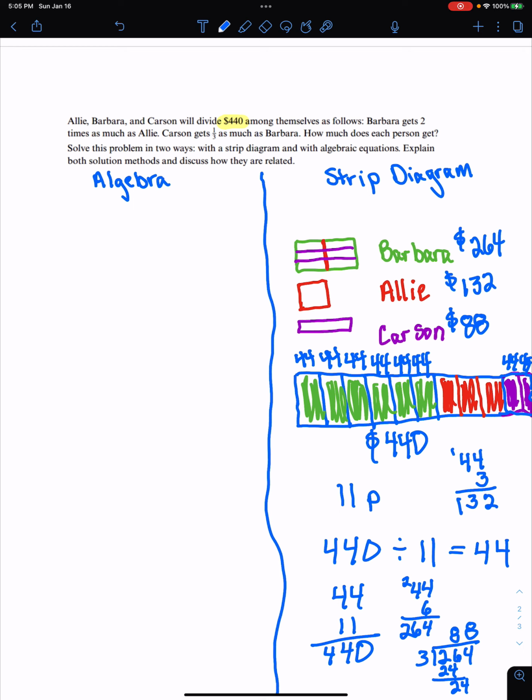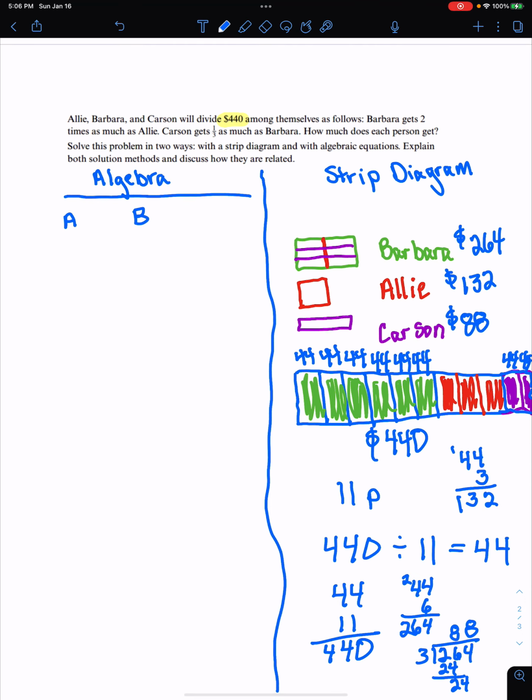So here I like to use variables that represent the people's names. So Allie is going to be A, Barbara is going to be B, and Carson is going to be C. So let's relate them. Barbara gets 2 times as much as Allie.